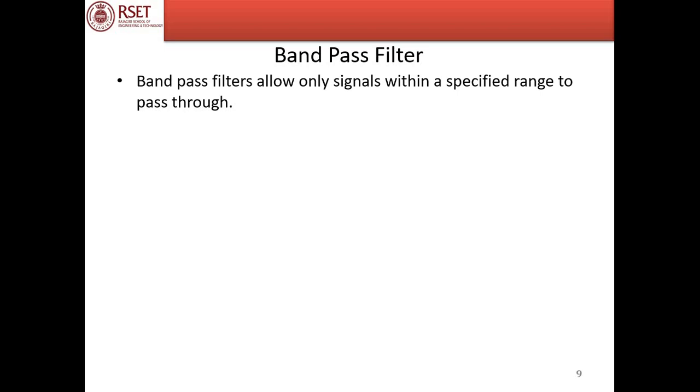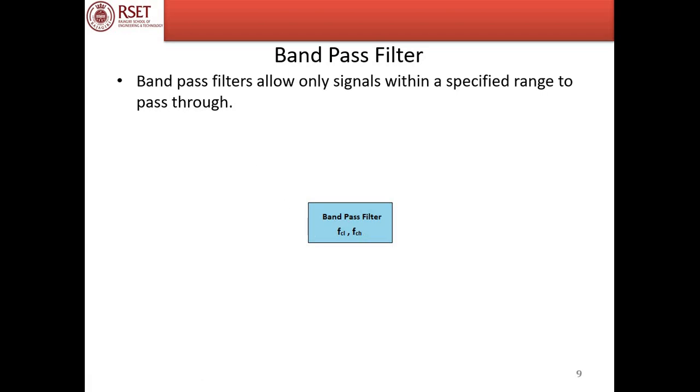So a band pass filter is a filter which passes signals with frequencies between the lower cutoff frequency FCL and the upper cutoff frequency FCH. Let us consider an example wherein we have a band pass filter with lower cutoff frequency FCL and upper cutoff frequency FCH.